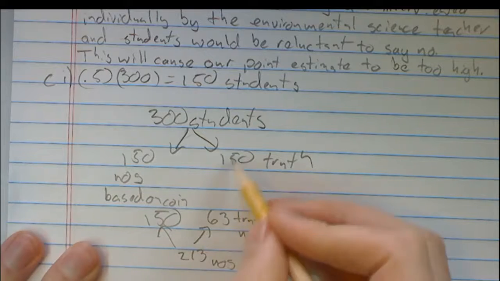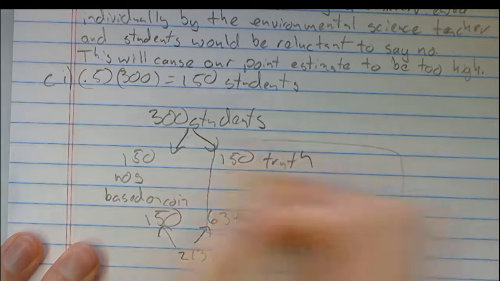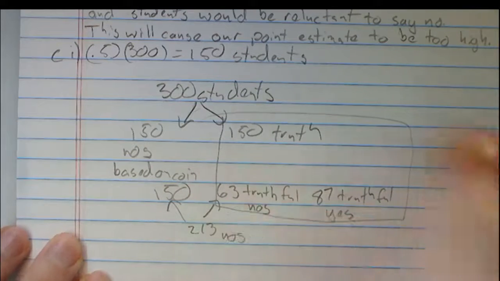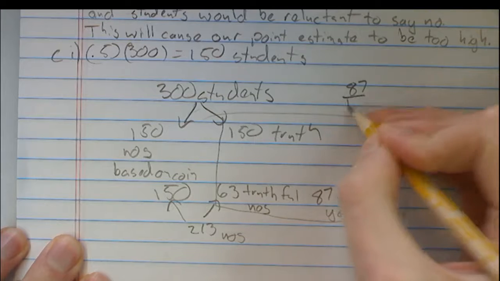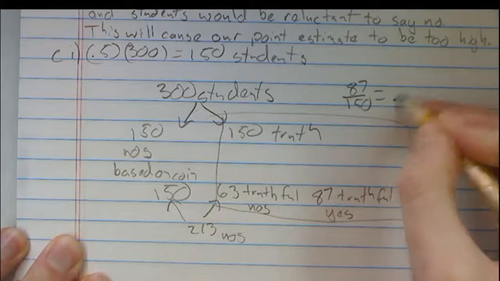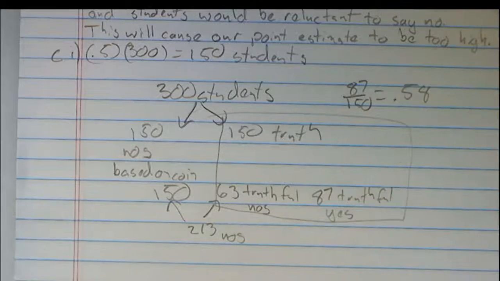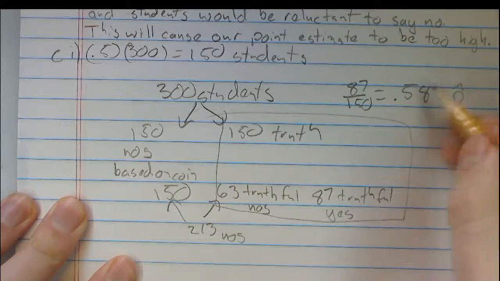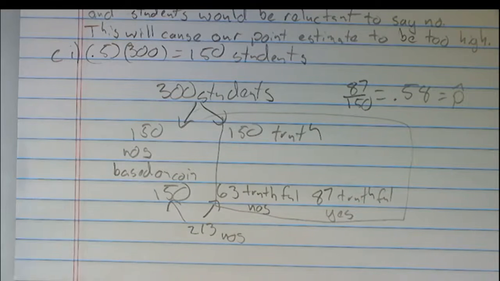So this, essentially, is the sample that we're dealing with. So 87 out of 150 is 0.58. And that is our point estimate. And that's that.